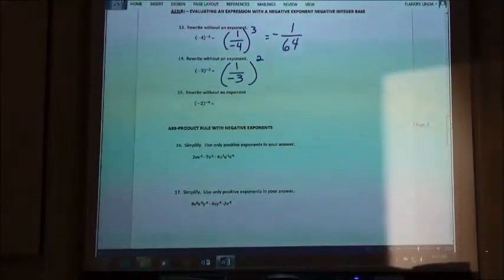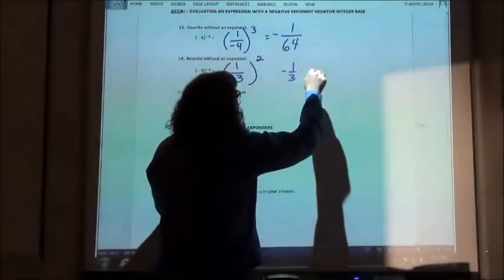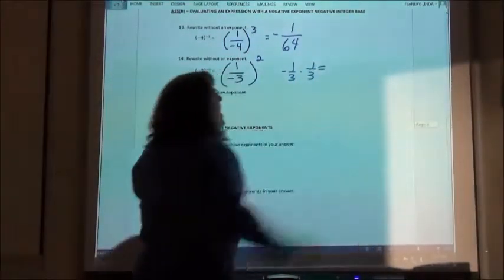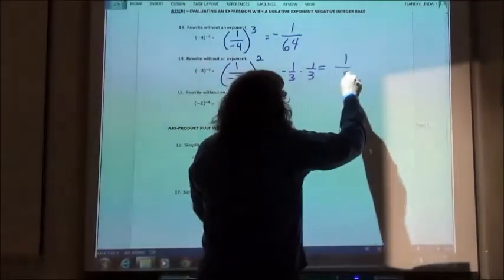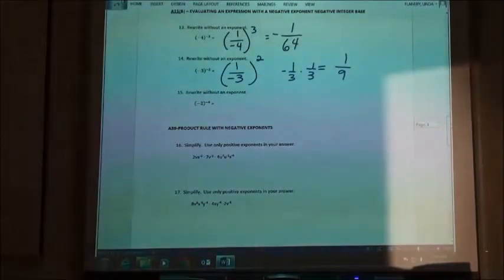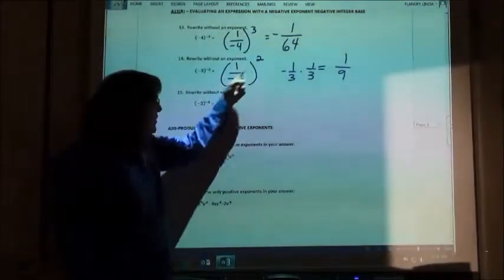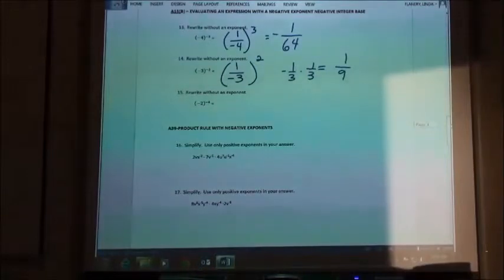So if I take negative 1/3 times the second negative 1/3, I'm going to get a negative times a negative is a positive 1/9. So the squaring is what's going to make this answer end up being positive because my exponent is even there.